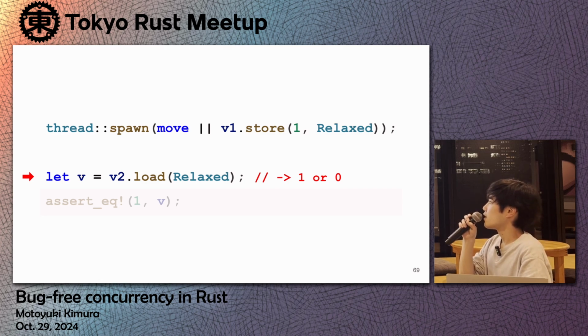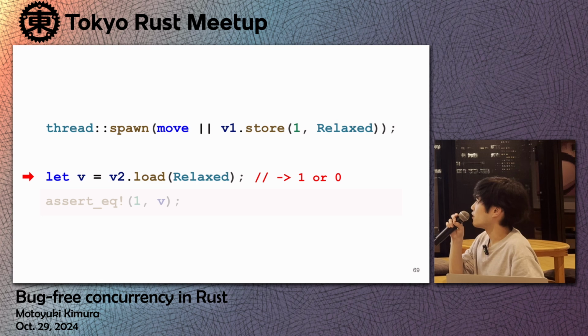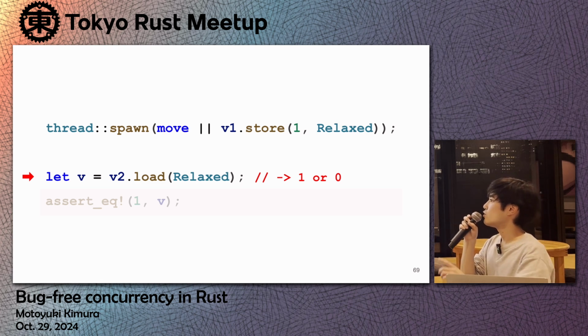Well, we could see both 1 or 0, even if v1.store has already finished. This is because we use relaxed ordering here.